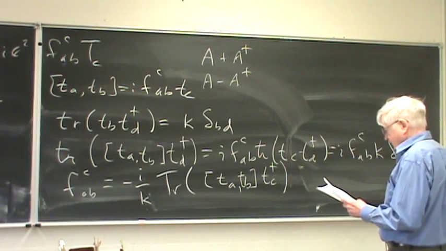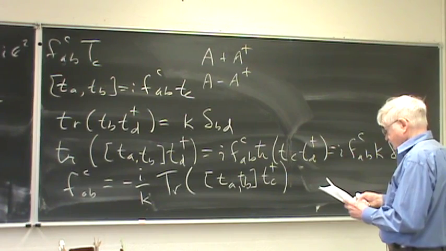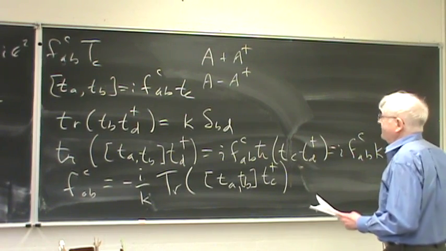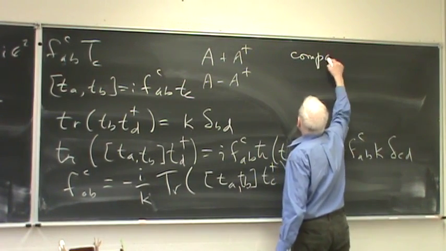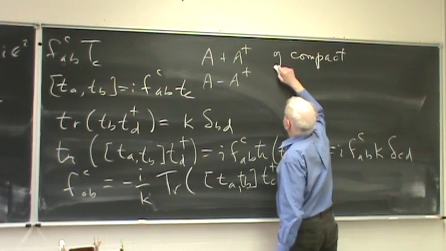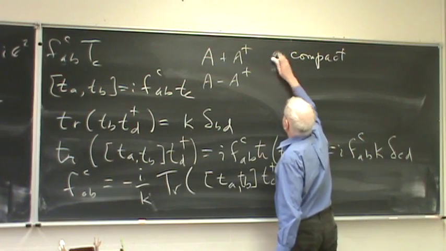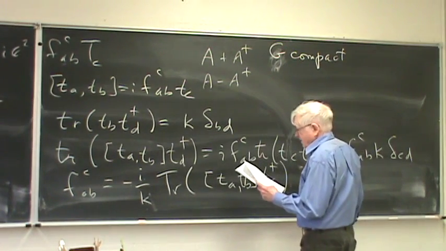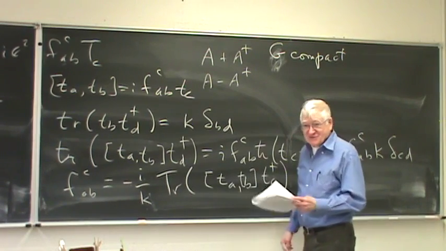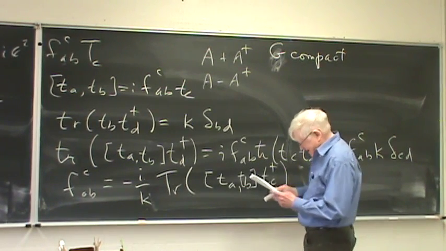Now, if the group is compact, so if G, well, the group is called G typically, not to be confused with Newton's constant.